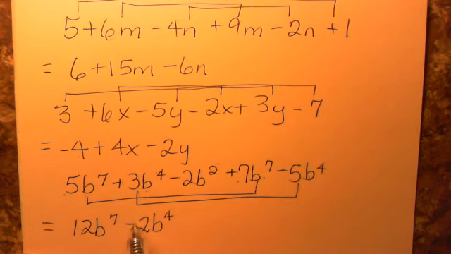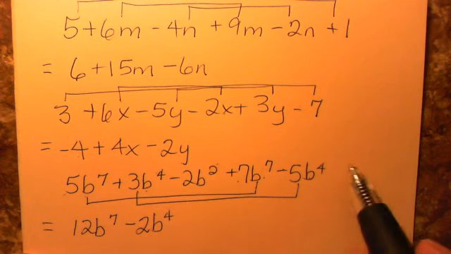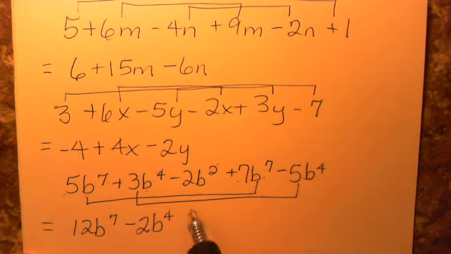Keep the sign of the larger, which is negative this time. And then that leaves us negative 2b squared with nothing like it, so it doesn't combine with anything, so we bring it down as is, negative 2b squared. That's all the adding or subtracting, because we have no more like terms. None of the b's have the same variable and exponent anymore.